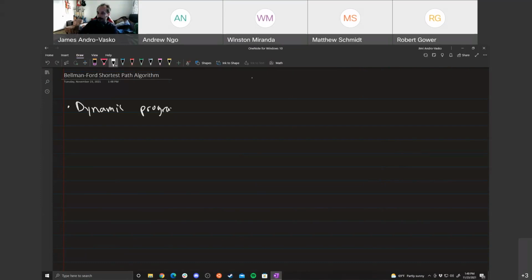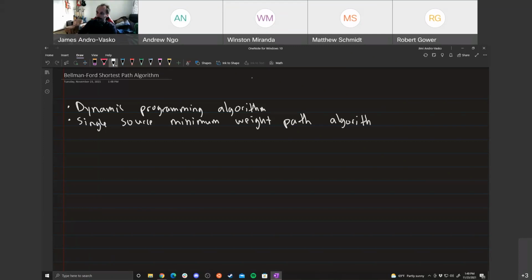So basically, this is going to be another dynamic programming algorithm. And of course, it's also going to be a single source minimum weight path algorithm.